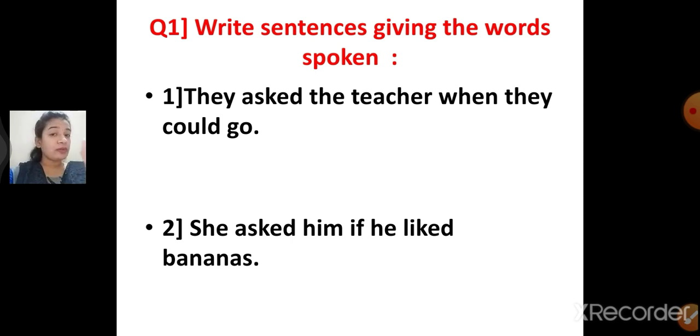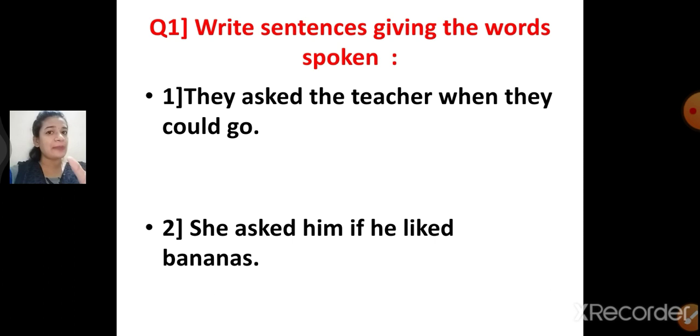So the spoken words will be when they could go. When can we go? They will convert into we because it is direct speech. Now direct speech is the word spoken by the speaker. When they could go will change into when can we go.